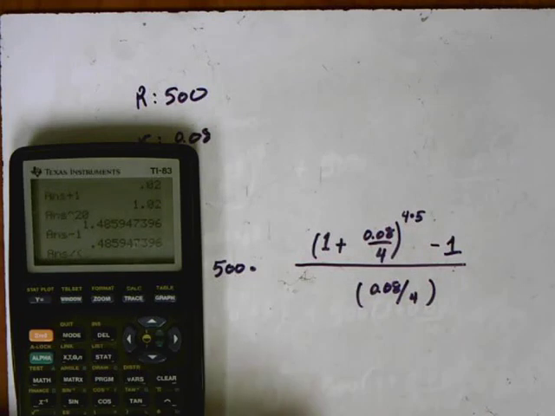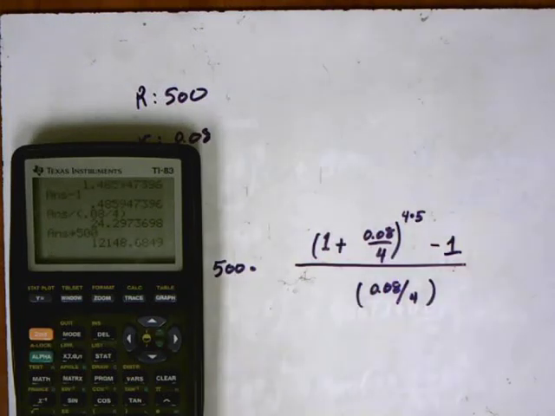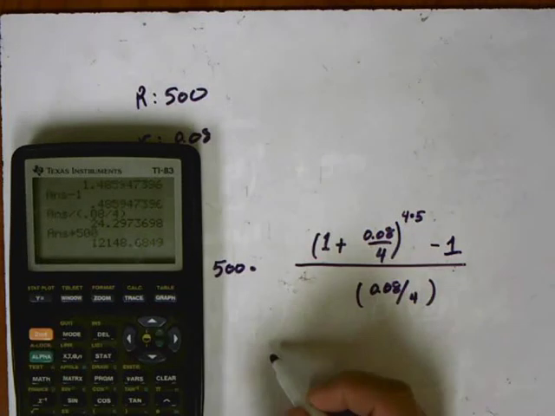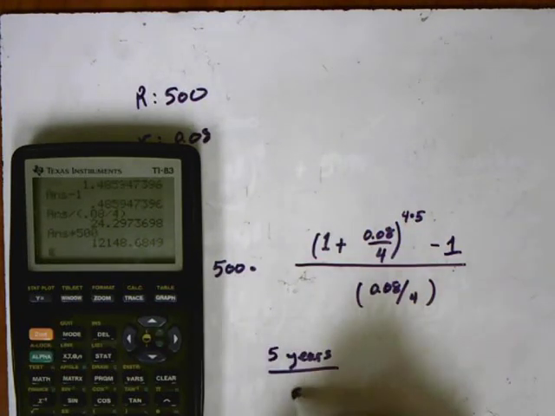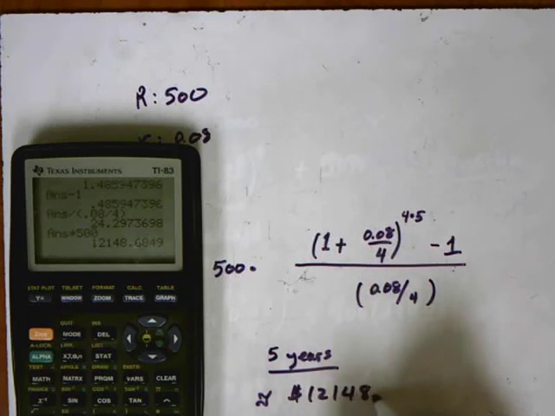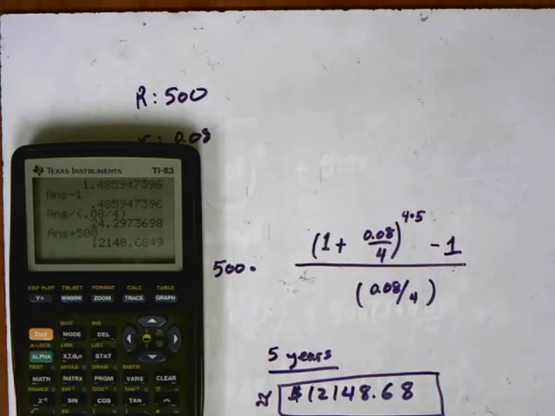So just put parentheses here, 0.08 divided by 4, and then that whole thing multiplied by 500. And my answer is that Jack, in 5 years, has about $12,148.68.